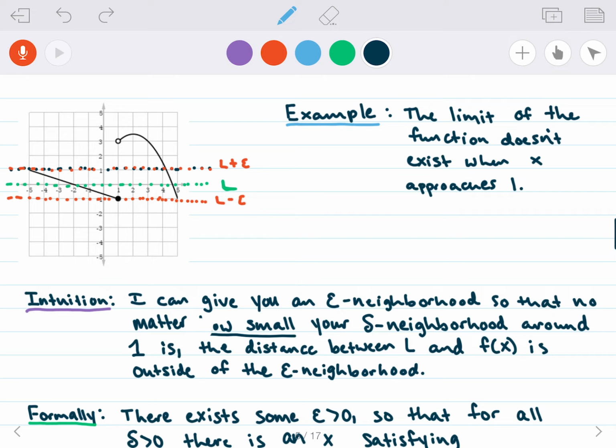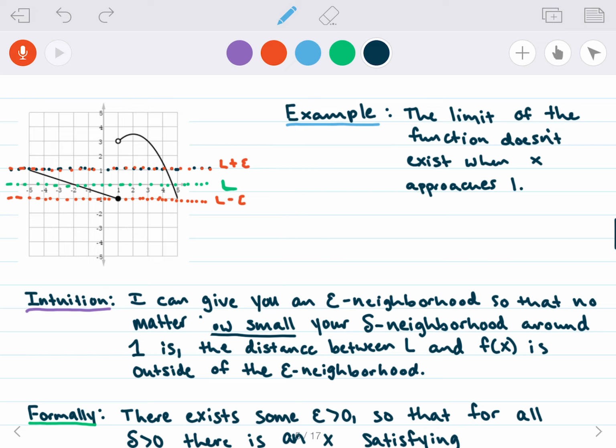So let's look at what that means on the picture. I have drawn my limit, and I drew it at L equals 0, but you can apply the same logic to show that no limit is going to exist. And the epsilon neighborhood that I've drawn is in the red dashed lines. And so I give you this epsilon neighborhood, and you're tasked with finding a delta neighborhood centered at 1, so that for any x in that delta neighborhood, this implies that f of x is going to be in that epsilon neighborhood.